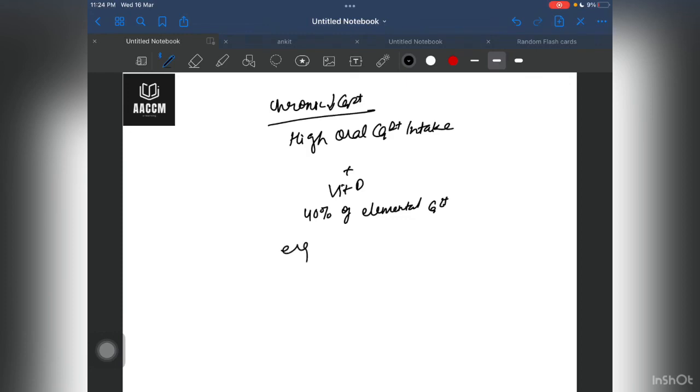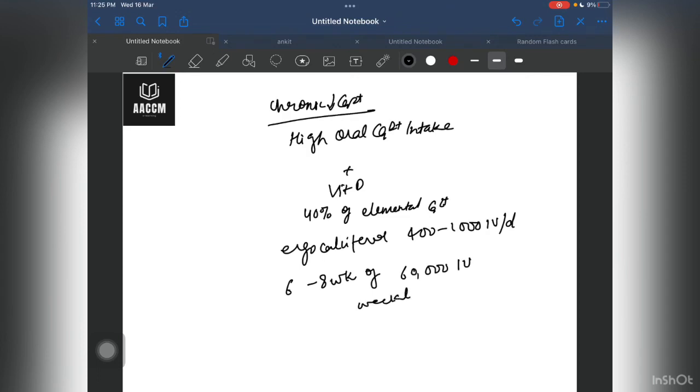And obviously you can give ergocalciferol, which is almost 400 to 1000 international unit per day. Okay, obviously you can remember one more thing, 6 to 8 weeks of 60,000 international unit weekly. Okay, in patients of ESRD, you can give this where there is renal insufficiency in the patients, right?